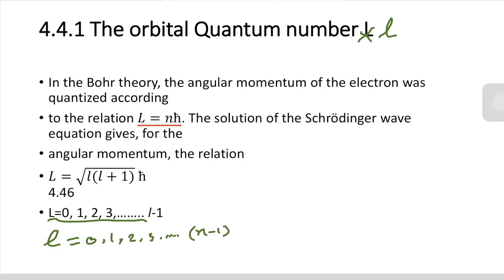Therefore, l, this is the orbital quantum number, not the angular momentum, sorry. l is equal to 0, 1, 2, 3, up to n minus 1.